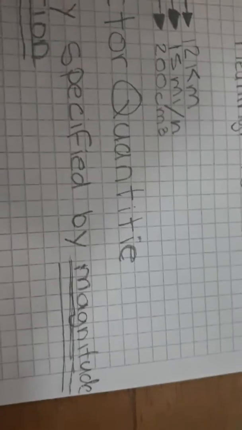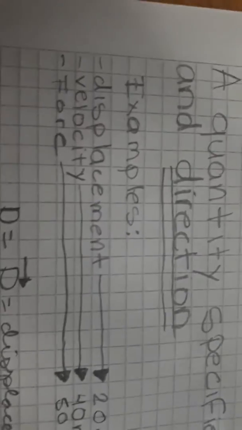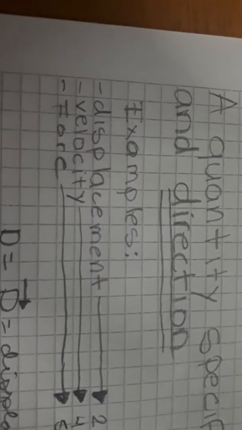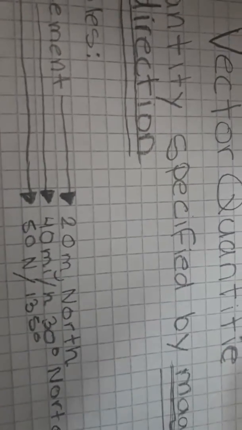Now, a vector quantity is a quantity specified by magnitude and direction, meaning how fast, how strong, and where. For example, we have displacement, velocity, and force. In displacement, 20 meters north.